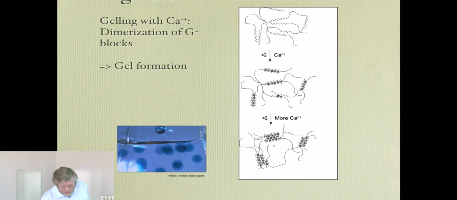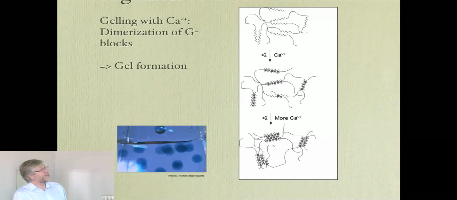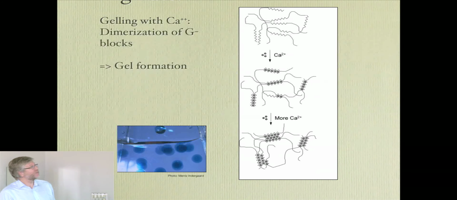And this is what we think happens. Here is the alginate in solution, for instance, sodium alginate. And this buckled chain are the G-blocks. These are then the M-blocks or the MG blocks. They are not involved in the gelling.